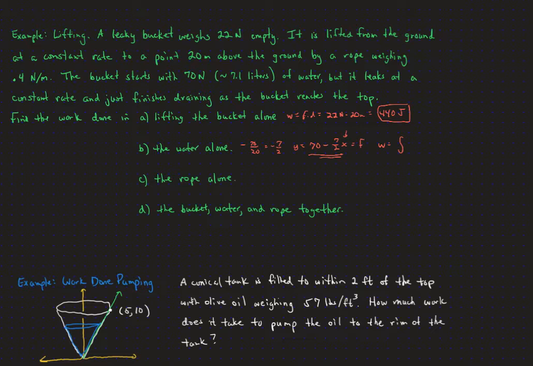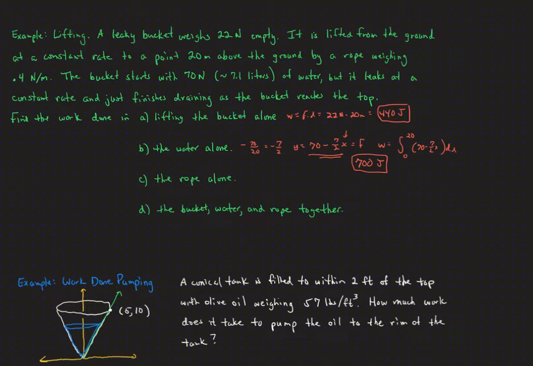So our work is going to be the integral from 0 to 20 of 70 minus 7/2 x dx. And if you do that, I think you get a total of 700, and that's also going to be in joules. So that's how much work we've done in just pulling up the water.